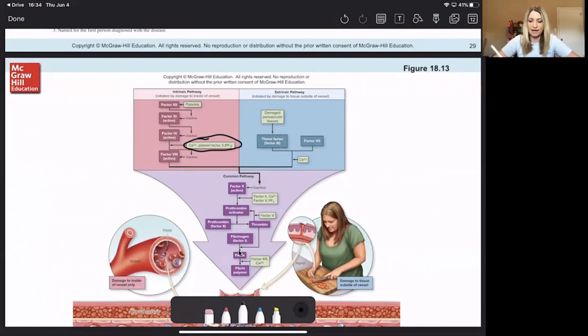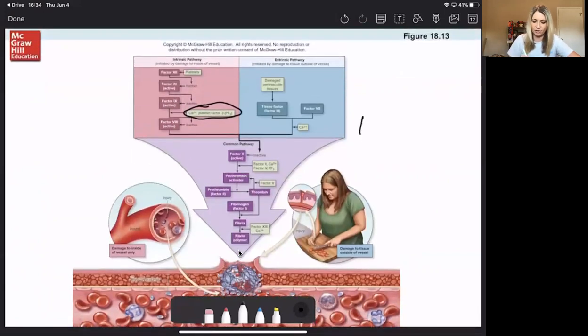The extrinsic pathway, as you can see on here, is a little less demanding on the factors here. So extrinsic pathway happens due to the damage from the outside of the vessel. So it's external damage, so extrinsic, external. And this takes about 15 seconds, so it's much, much faster.